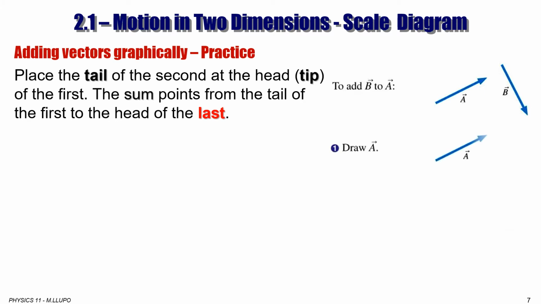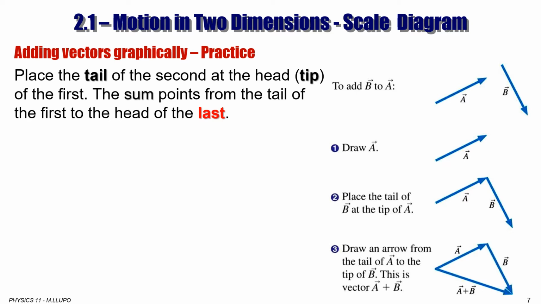Same thing: leave one vector where it is and move only one vector parallel to itself, placing the tail of vector 2 at the tip of vector 1. Then you join the tail of vector 1 toward the tip of vector 2, and that will always be correct if you follow that rule.